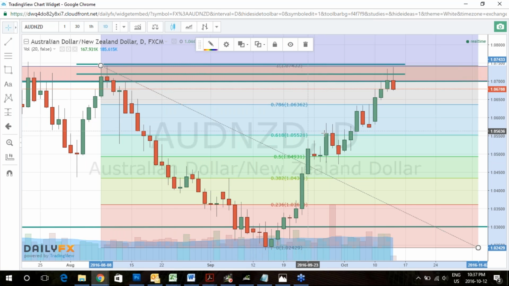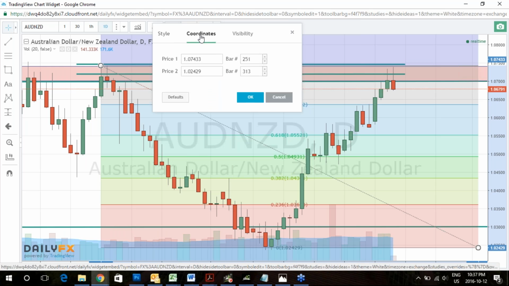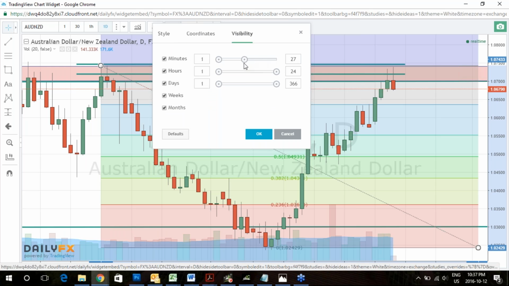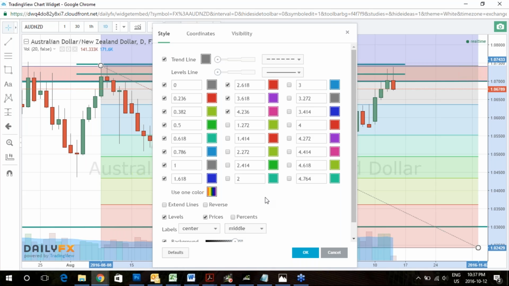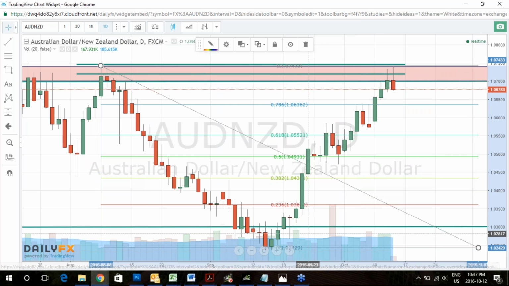Okay, perfect. Let me take off these colors, visibility. I'm just going to make these colors a little lighter because they're a little too strong. There we go. Perfect, Fibonacci levels.